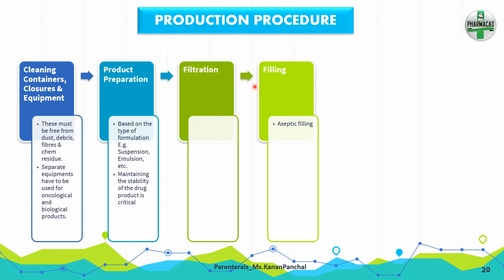This is important, especially in case where the product has been sterilized only by filtration and will not be terminally sterilized in the final container. Maybe because the substance is heat labile, thermolabile, or for any other reason, so it becomes very important, and that is why it has to be filled under aseptic conditions.